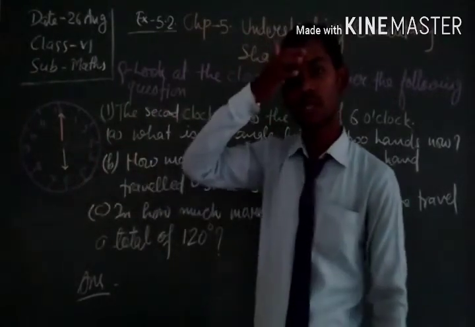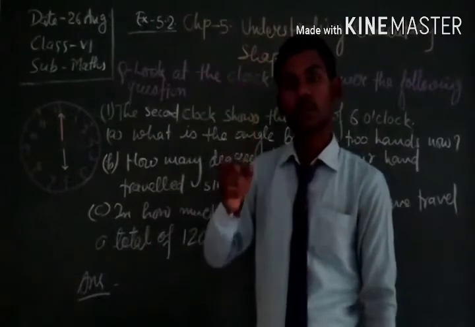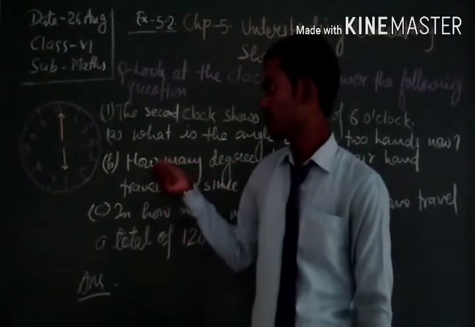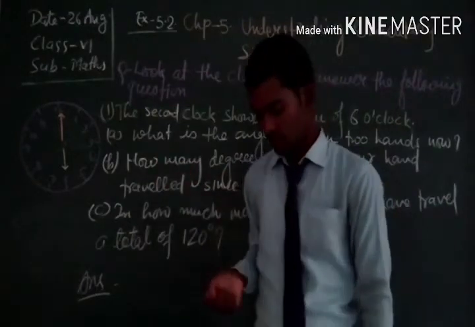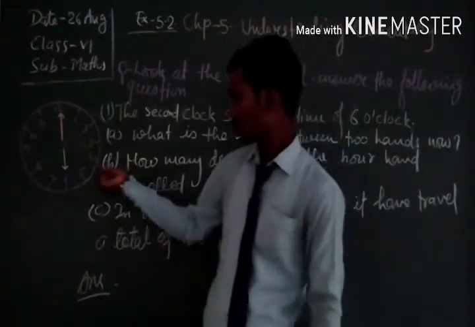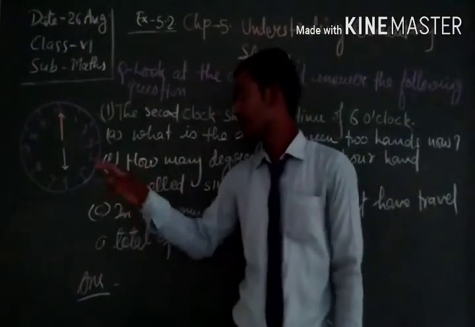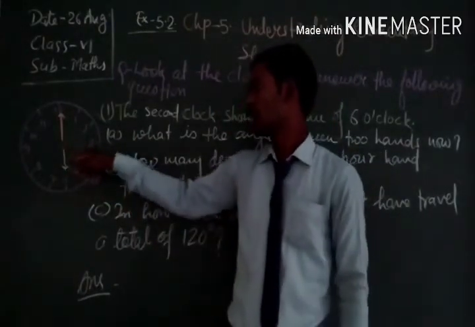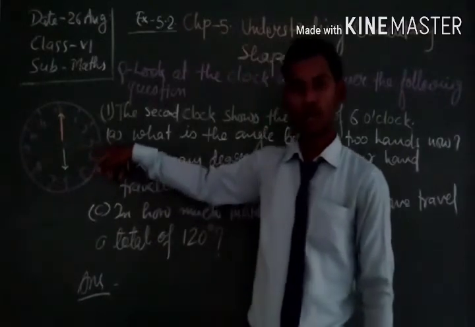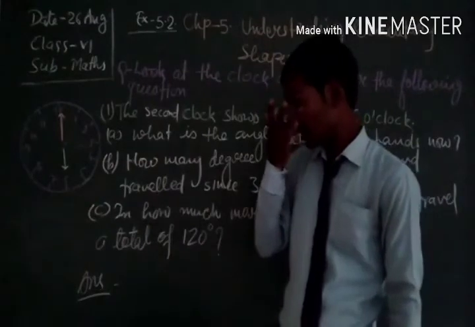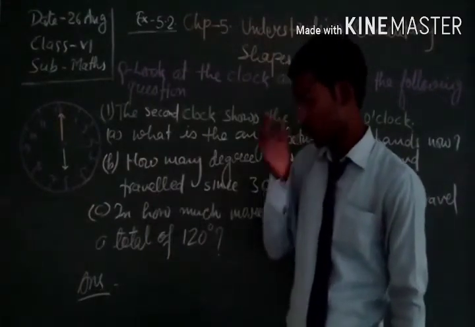And we know that 30 degrees form when the hands cross one part. So here the hour hand crosses three parts again. That means already a 90-degree angle formed when the hour hand was at 3, and now the hour hand is on 6. That means it has again crossed three parts.